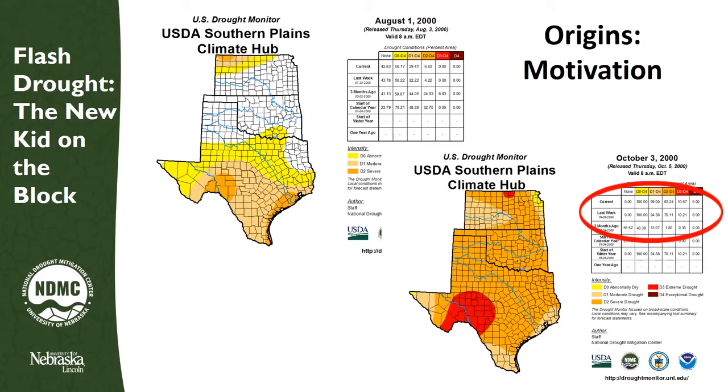And this example of really late season, hot, dry, windy weather that came across the southern plains in 2000 did the trick. And so you can see I've circled in red here on the table how we basically went from severe drought of less than 2% to over 80% in just 3 months' time. So you can see rapid deterioration and rapid impacts come on very quickly. So this was sort of the first time I started thinking about it, and that's what led to the inclusion in the 2002 BAMS article on the U.S. Drought Monitor.